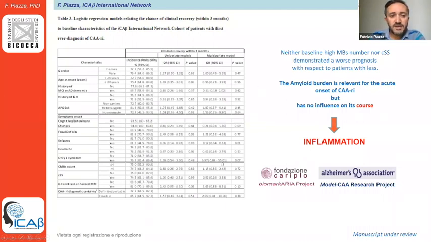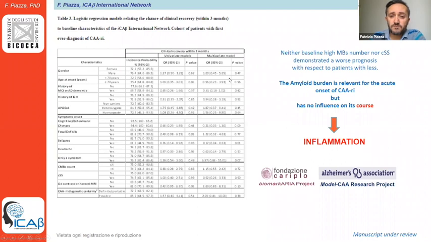Another important finding is that we tried to look for prognostic predictors of CAA-ri. But as you can see here, none of the markers or characteristics that we evaluated at baseline was associated with a prediction of recovery, clinical recovery at follow-up.